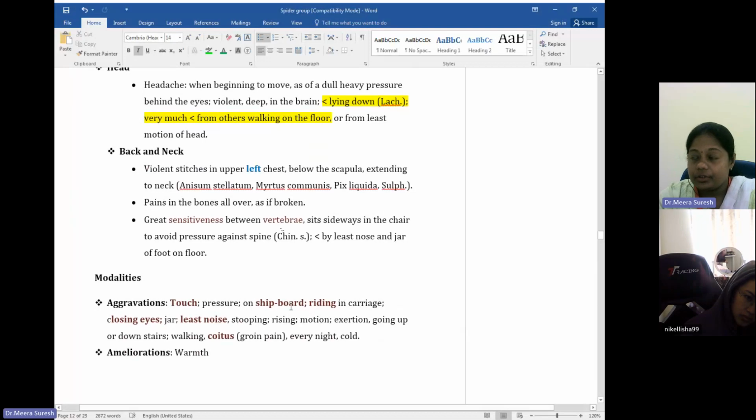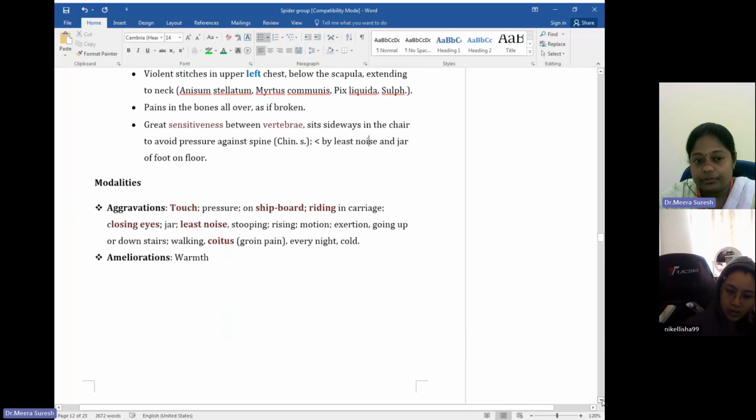And we have chininum sulph. Other remedies will be agaricus and zincum met, picric acid for these spine complaints. And here also we see that they have aggravation from least noise and jar of foot on floor. So noise is a very great complaint for them.